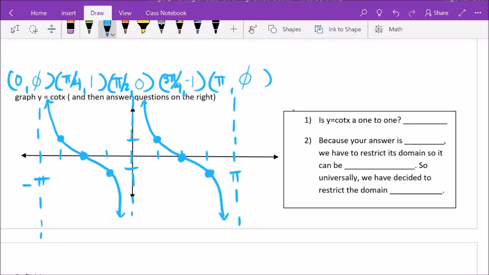Okay. All right, Justin, is this a 1-to-1? No. Okay, because Justin says no, we have to cut it so it can be a 1-to-1.